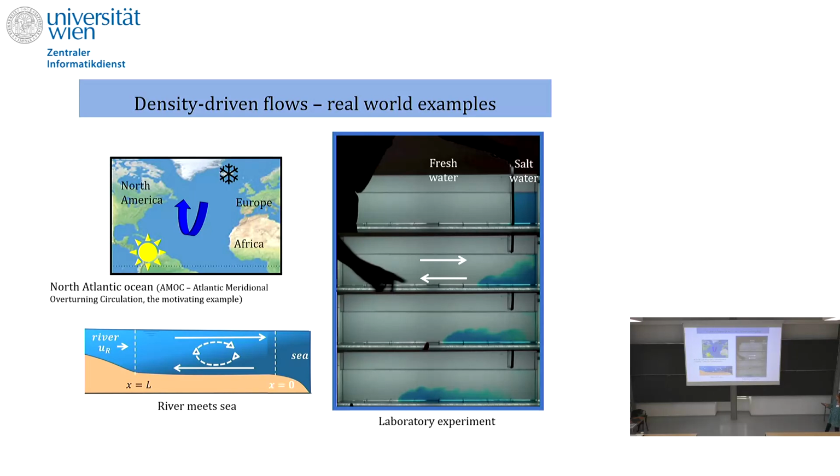And one can also do lab experiments on it, and one can also think about estuaries as examples of such flows. So in estuaries, the density differences are because of the salinity, and here in the ocean, there are in fact two competing factors: the salinity and the temperature, and we will get to it in a minute.